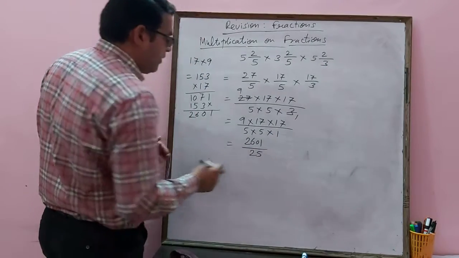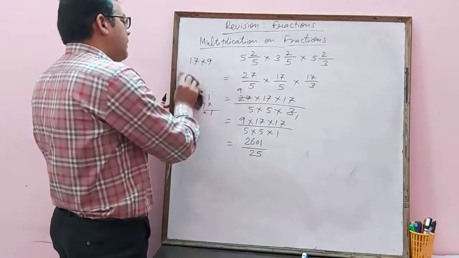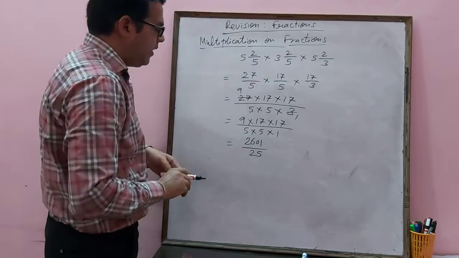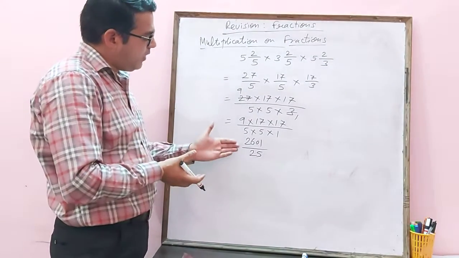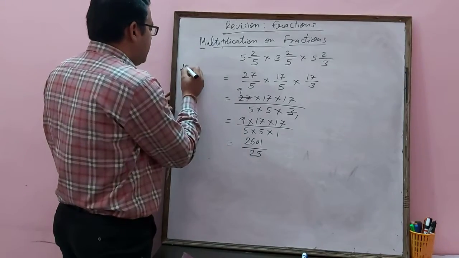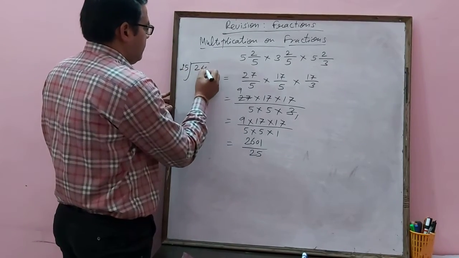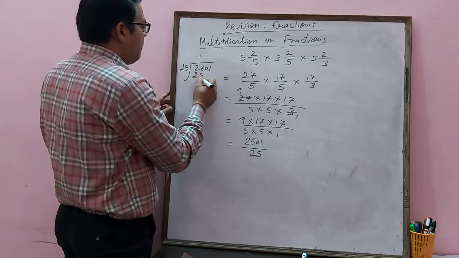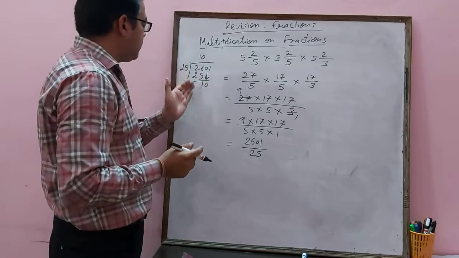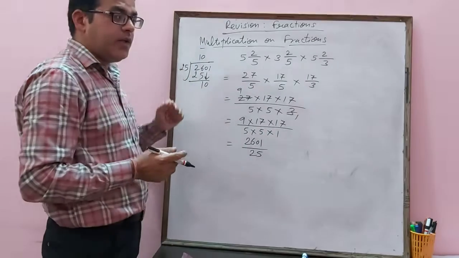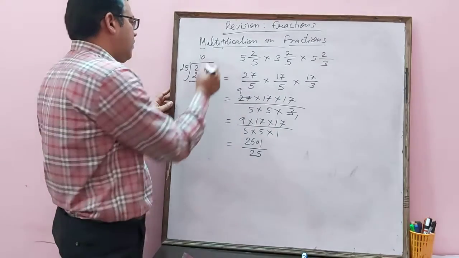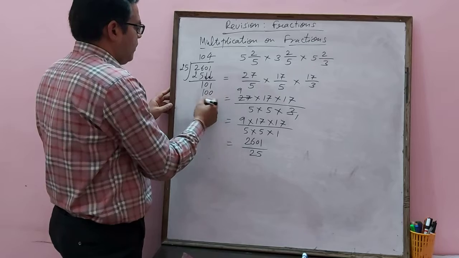25 only we can write. So here we have 2601 by 25, and you can see this is improper, so we need to convert it into mixed. So 25 ones are 25. 1 we have, we can place with this 0 here. Since 10 is less than 25, we put 0 there, then now place 1 here. 101, 4 times. 1 is left.